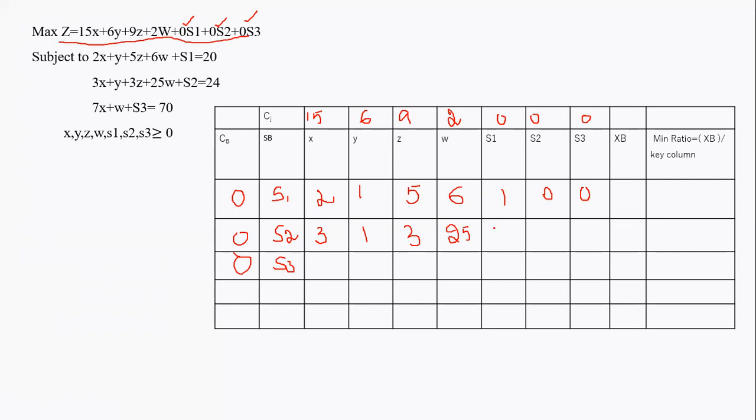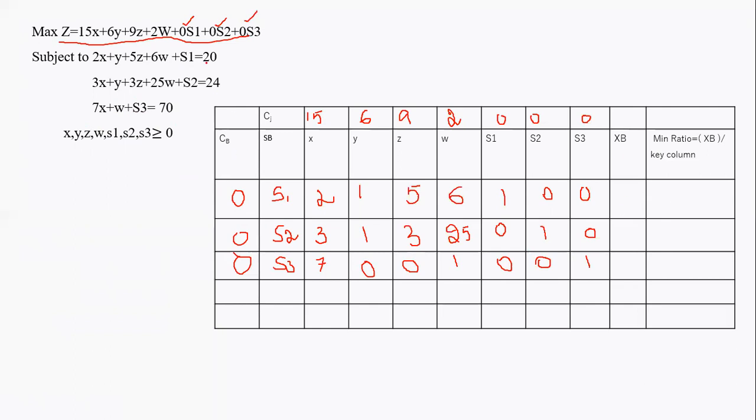There is no S1 in the second equation, so S2 coefficient is 1 and there is no S3. Come to the third equation, 7x. Then there is no y, therefore 0, and there is no z also in the third equation, therefore 0. So 7, 0, 0, and the coefficient of w is 1. There is no S1 and no S2, and S3 is 1. So this is the matrix.